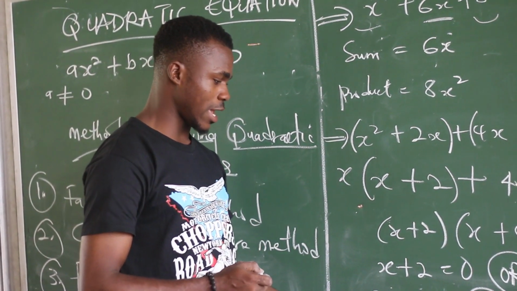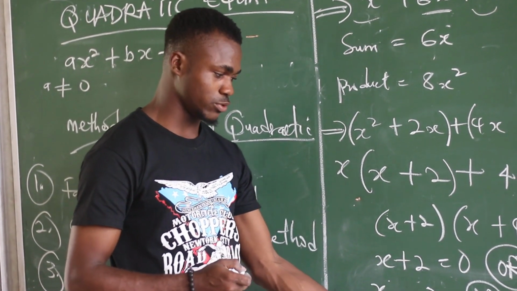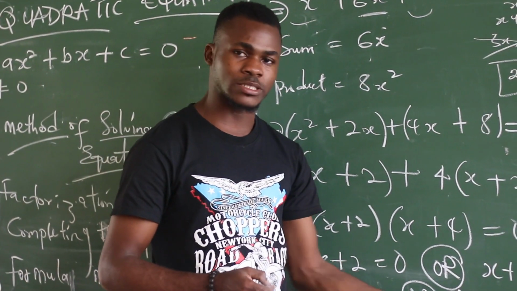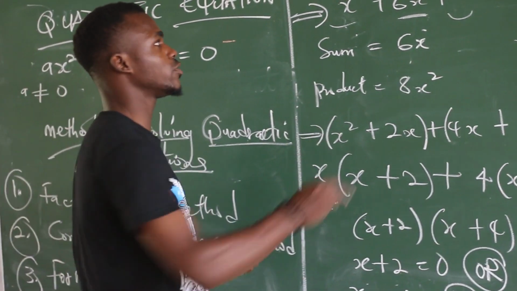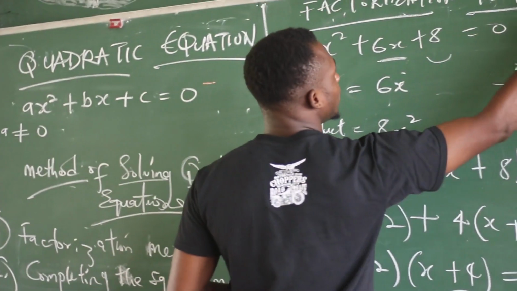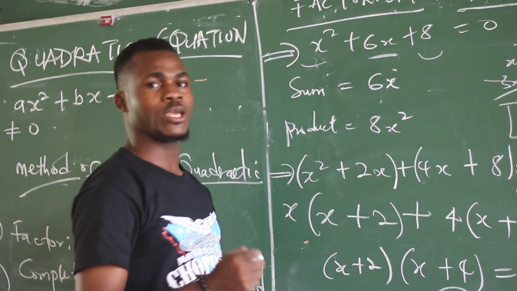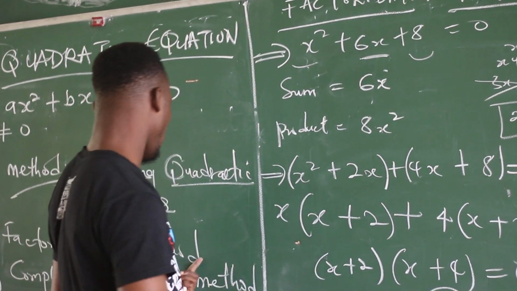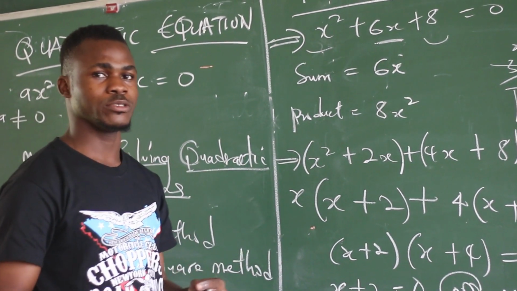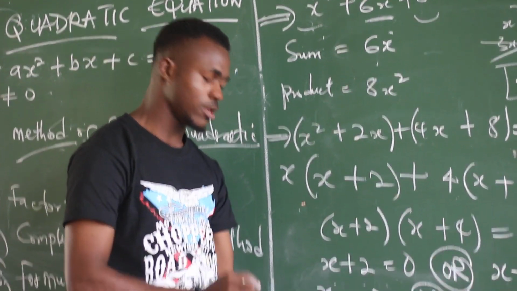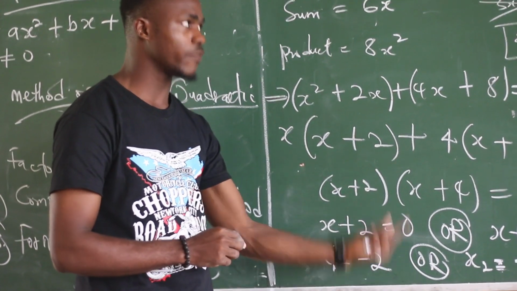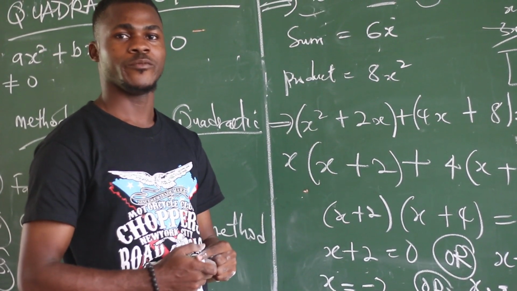We have that x is equal to minus 2, or x is equal to minus 4. So we have used the factorization method here to solve this equation. In the next video, we are going to use the completing the square method to solve this same question and see if it will give us the same solution as the factorization method.